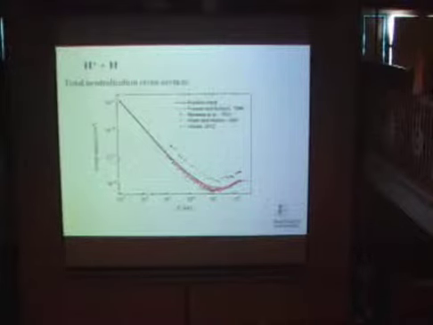Until Xavier did this, the only experiment at low energy was by Moseley. There have been a number of experiments at higher energies where you see the cross-section goes up again. Our result is the black curve, and you see at low energy it falls off as 1 over E, and then it goes up again.